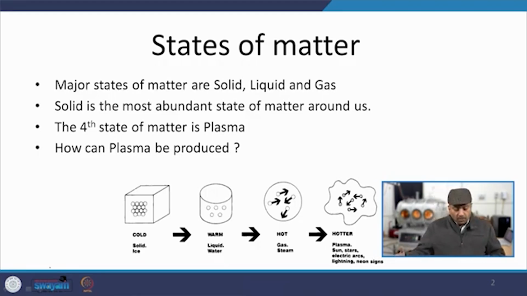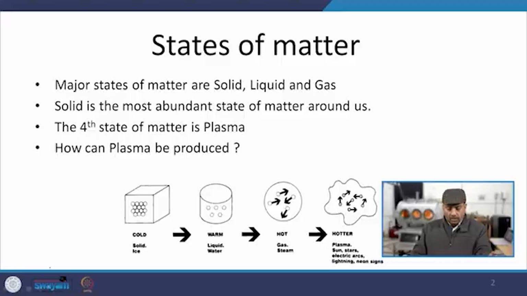So, how do we produce plasma? If you take a material or a substance like solid, at very low temperatures, you will find it to be existing in the state of solid. For example, ice. When you heat this ice by increasing temperature, you will get water or liquid form, where the ice will melt.